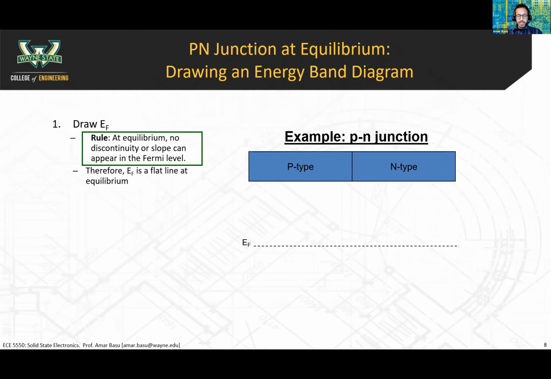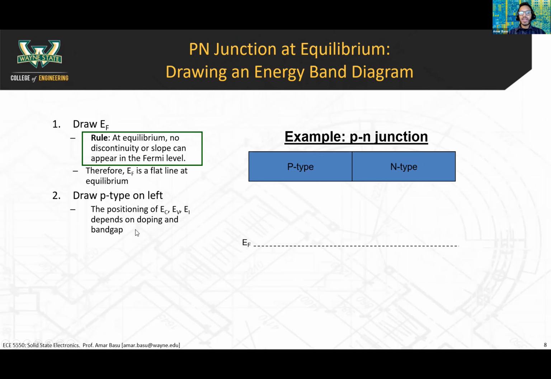The next step is to draw the p-type material on the left side. So you're going to draw the band diagram for this portion. You already know how to draw band diagrams for p-type and n-type semiconductors. The distance between EF and the intrinsic level, and the conduction and valence bands, all depends on the doping and the band gap both.